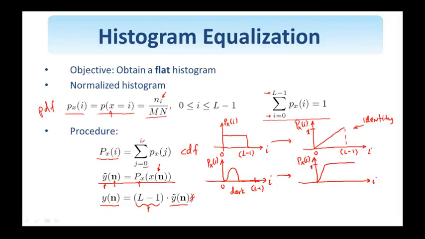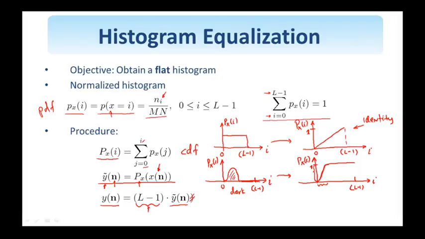This is 1, this is L minus 1 up here. So since there are a lot of values here, it's going to rise pretty fast and it's going to approach 1 and stay there because there are no values of high intensity. So clearly a transformation like this will take small intensity values and spread them out over all possible intensity values.